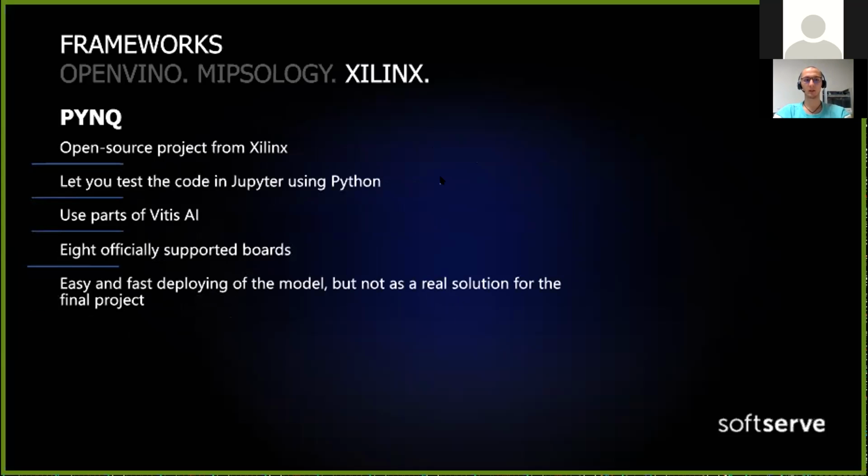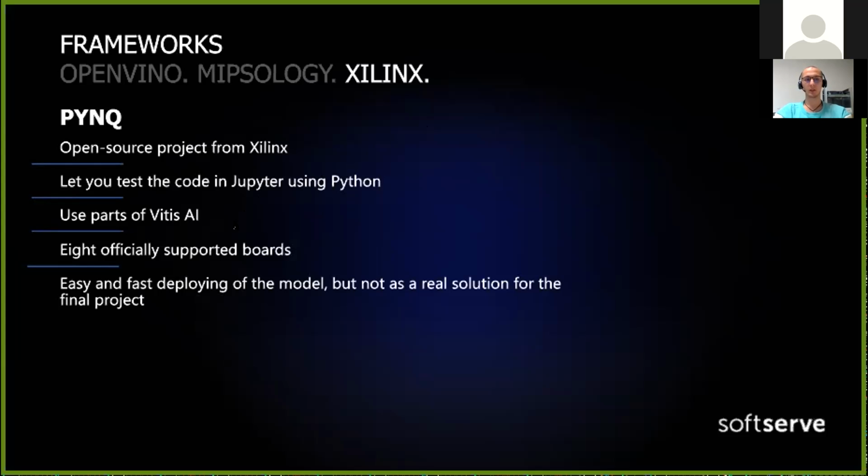And Pink is another framework from Xilinx. It is a fully open source project, and it lets you test your code, test your model in Jupyter notebook using Python language only, and also the deep processing unit that I mentioned before.